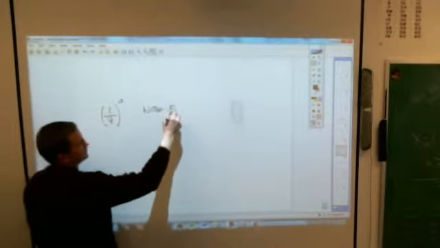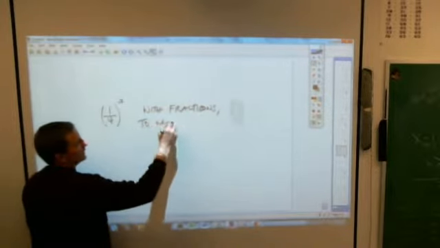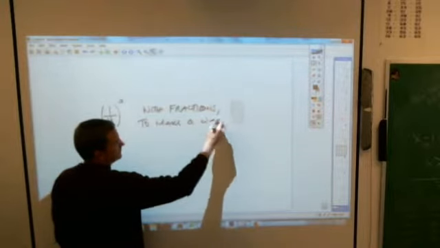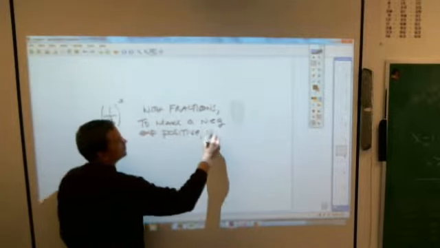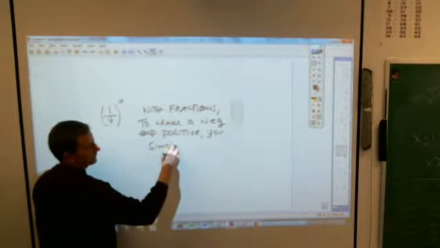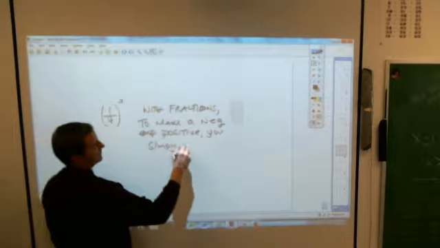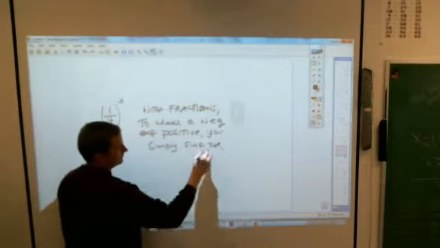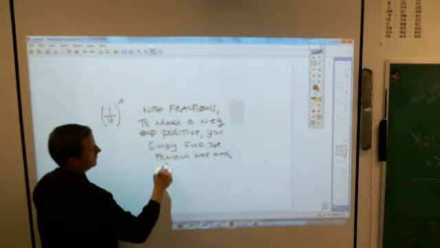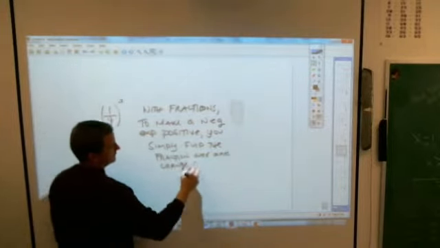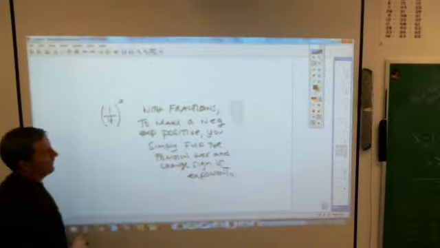With fractions, to make a negative exponent positive, you simply flip the fraction over and change the sign of the exponent. That is what you need to remember.